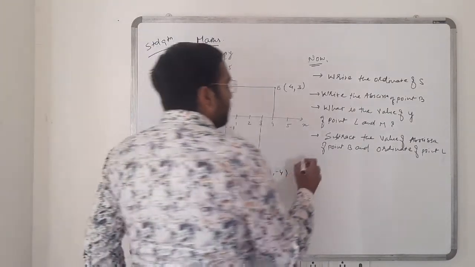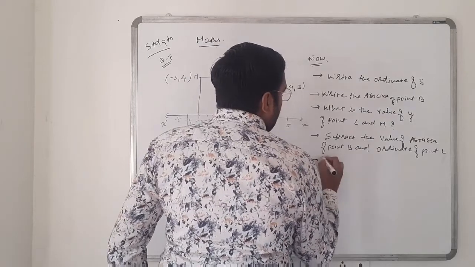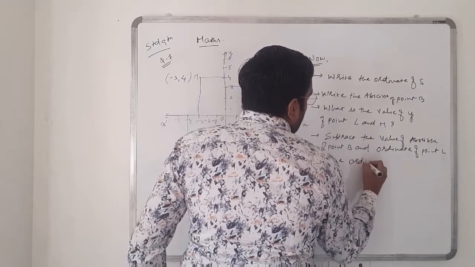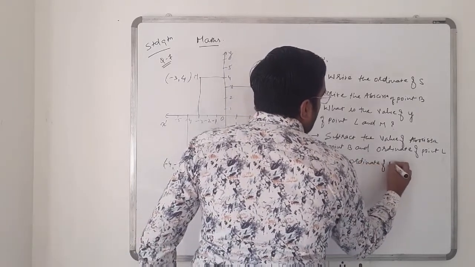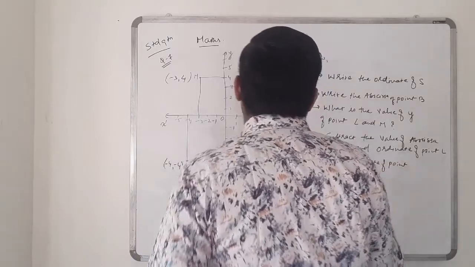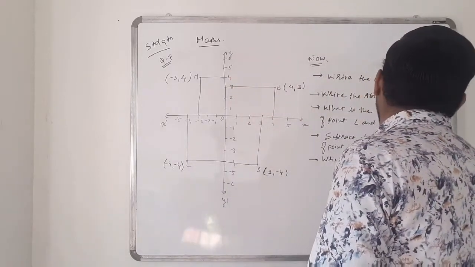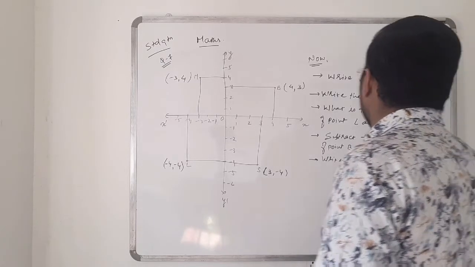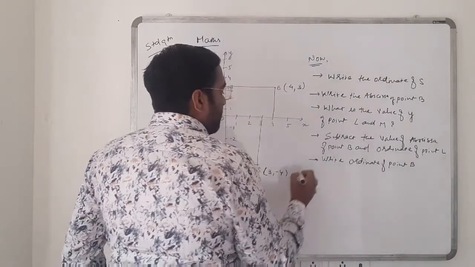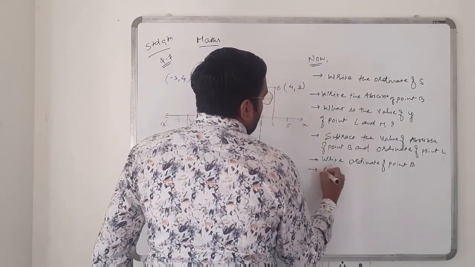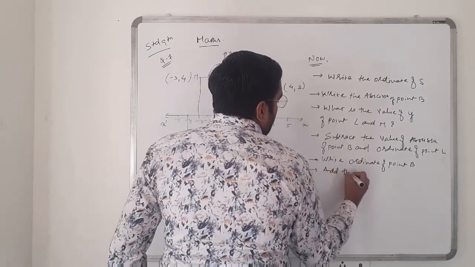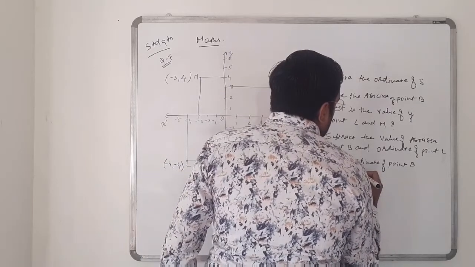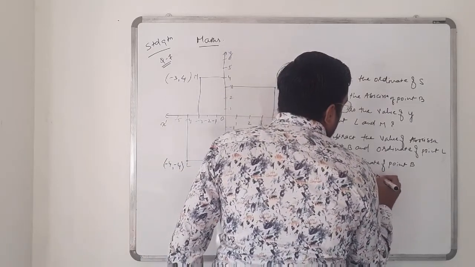After that: write the ordinate of point B. Okay, then the following.